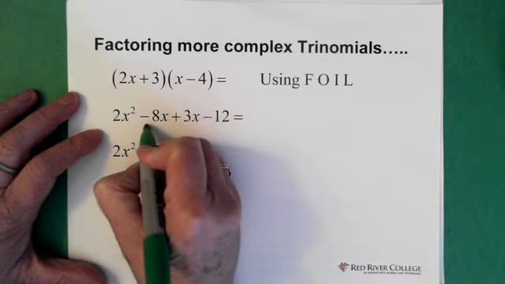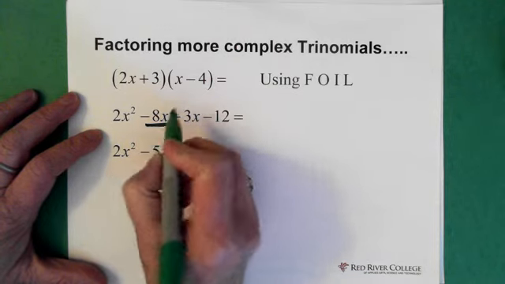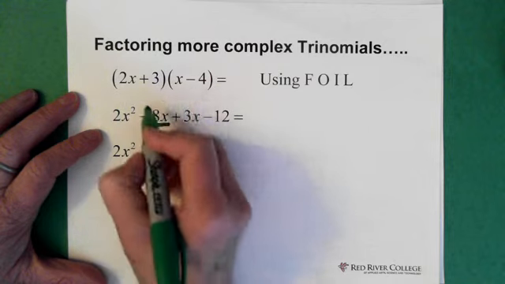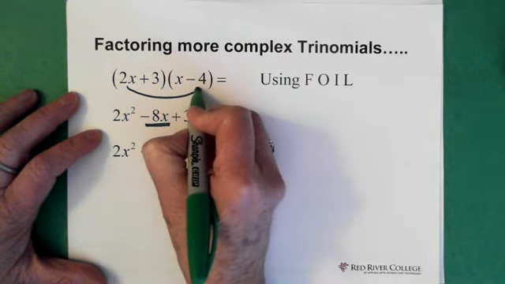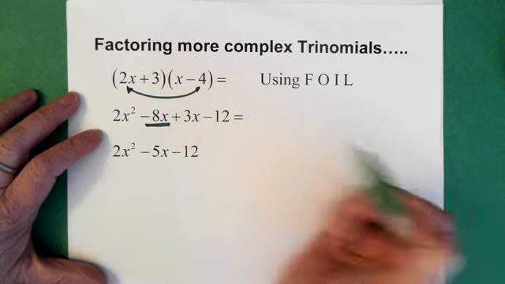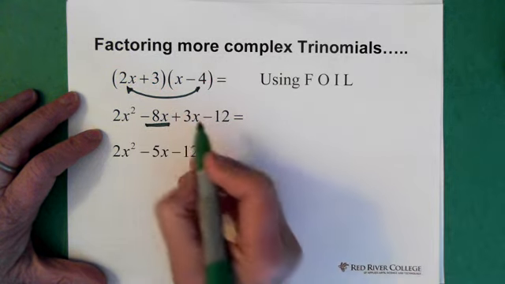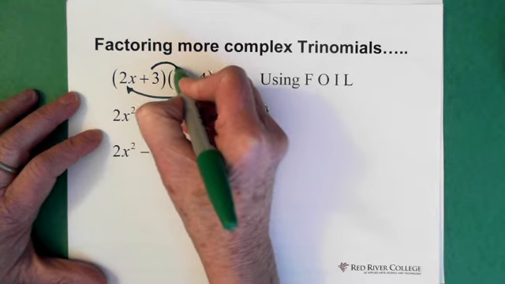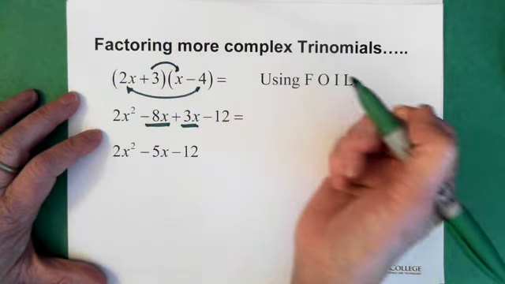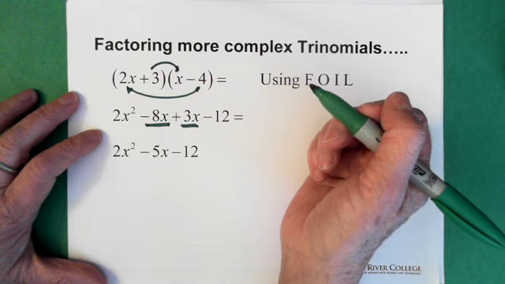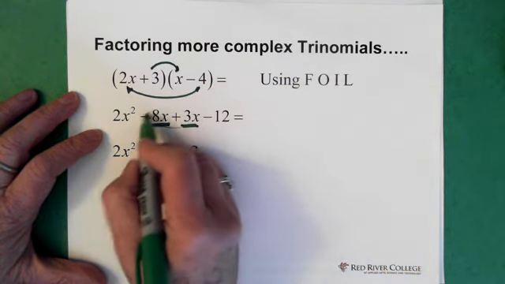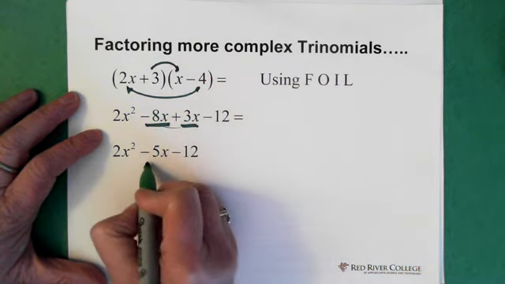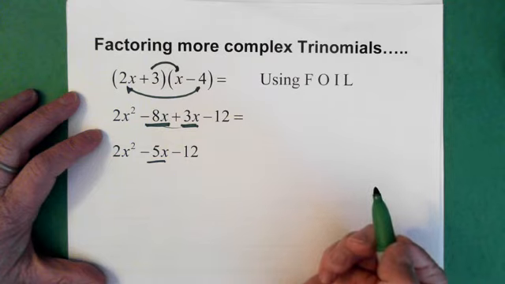Now notice the minus 8x is when we're multiplying the two outer pieces together. And the 3x happens when we multiply the 3 times the x, so the inner pieces, and these two add together to give us our middle term.